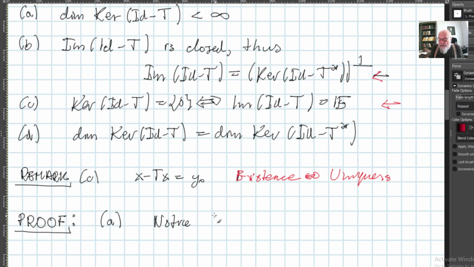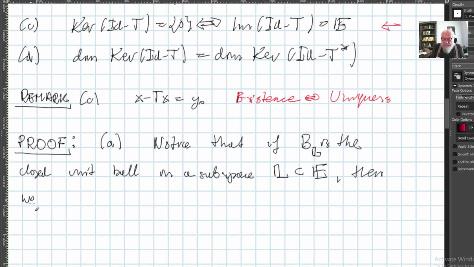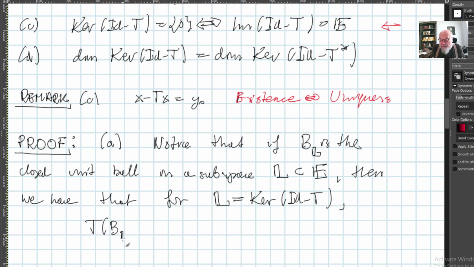Notice that if B is the closed unit ball in a subspace L contained in E, then for L equal exactly the kernel of identity minus T, the T of this unit ball B_L is equal to B_L, so it's equal to itself.